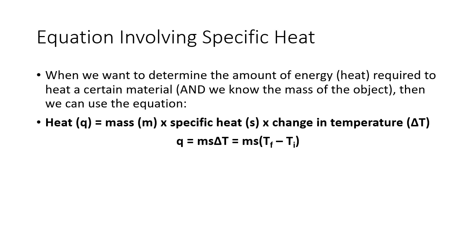And so we could then simplify that down and say Q equals ms delta T, where delta T, the change in temperature, is really the final temperature minus the initial temperature.